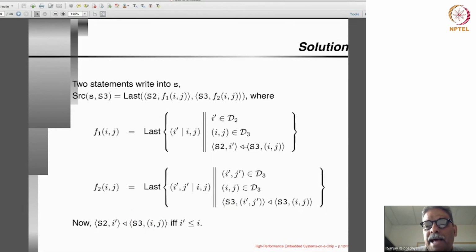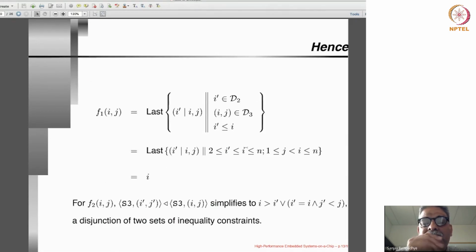That triangle now simply becomes I prime less than or equal to I, right? So we have the constraints that I prime belongs to D2, Ij belongs to D3, and I prime is less than or equal to I. If you simplify those a little bit, you are looking at the last of all the points I prime such that all these linear inequalities are satisfied.